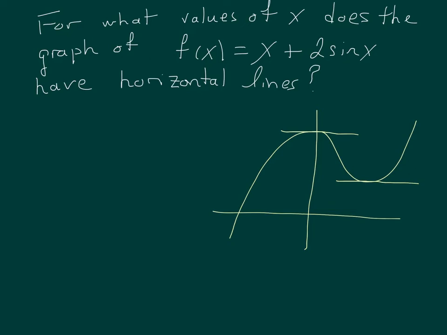Well, also, we know that the slope of the tangent line to f at some value x is equal to f prime of x. So what are we looking for? We're looking for where f prime of x is equal to 0.